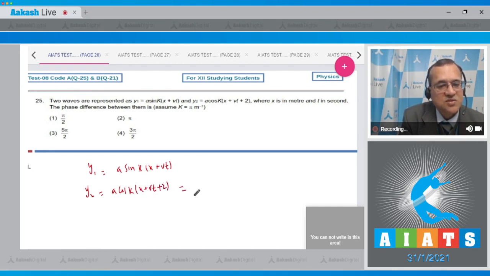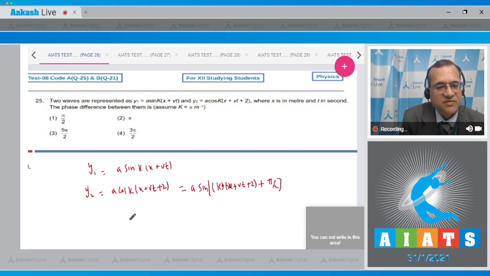This can be changed to a sine of k, x plus vt, plus 2 and plus pi by 2.